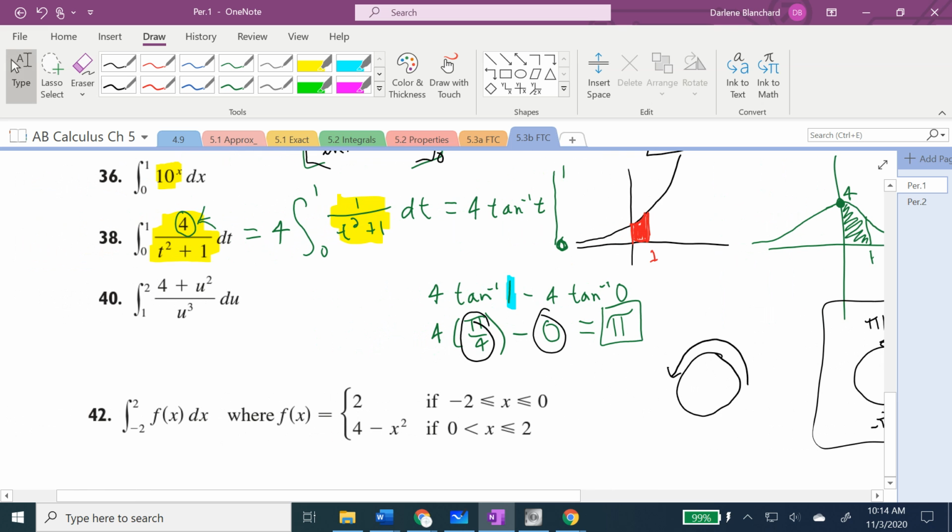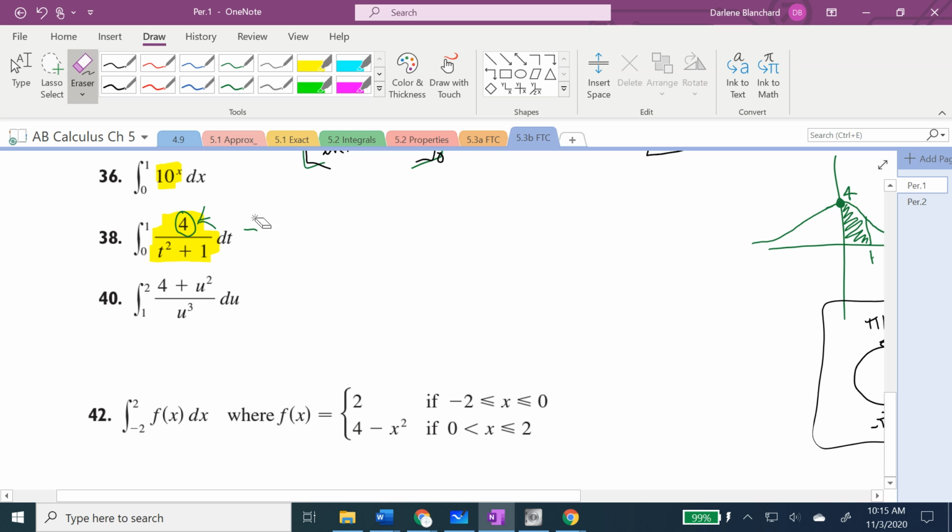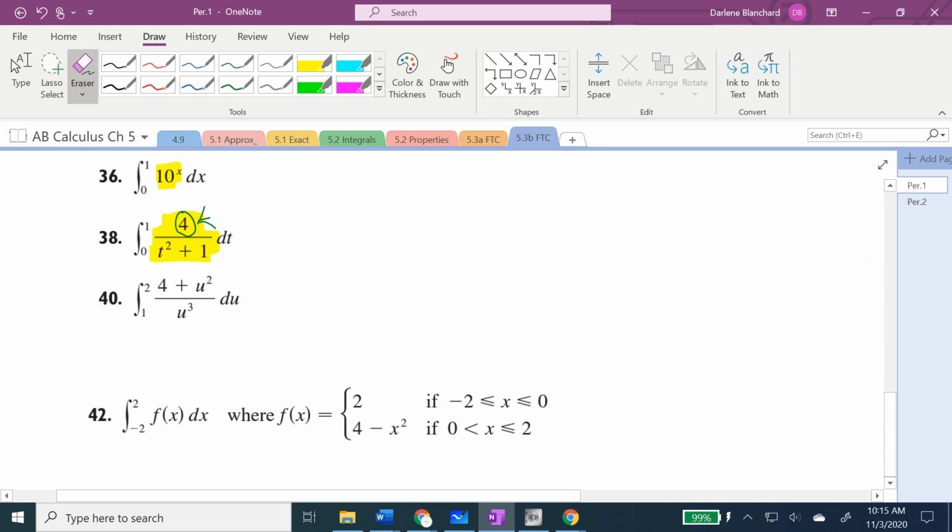Okay. For number 40, you want to recognize that we don't have a rule for division. And that is not a formula that shows up for any particular function. So what do I need to do before I can begin anti-differentiating that? Right.